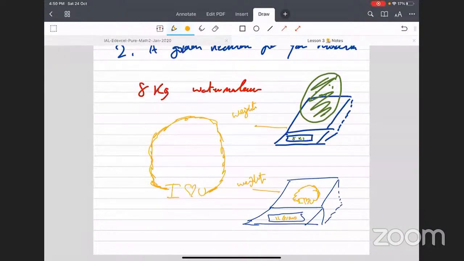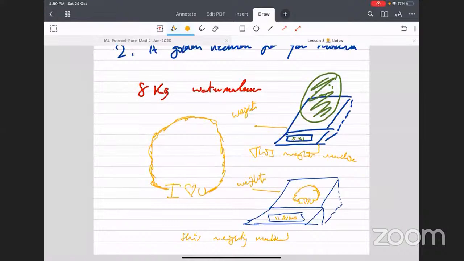Okay, we're good. What's the difference between this weighing machine and this weighing machine? Any idea? Okay, very good.